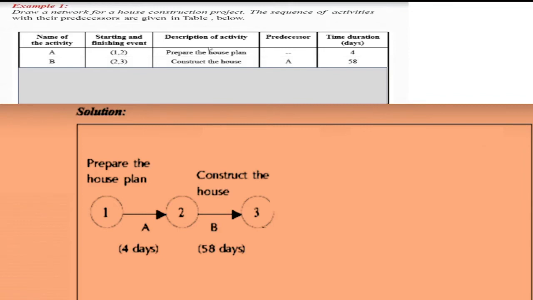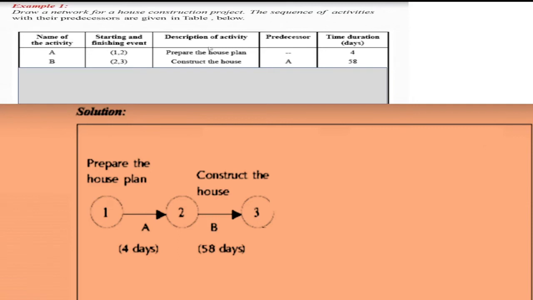Okay, and then for activity B, which is the construction of the house, which also has a time duration of 58 days. It is represented by this one.